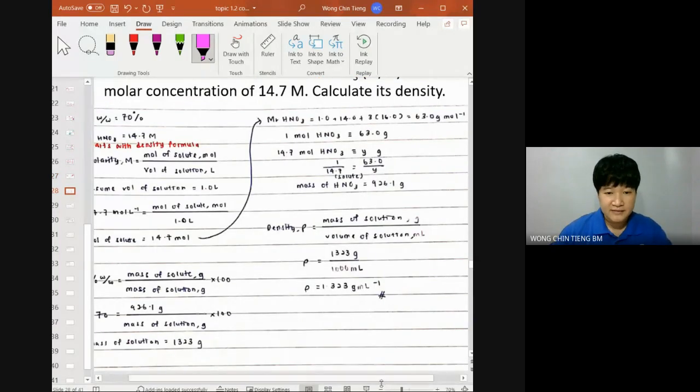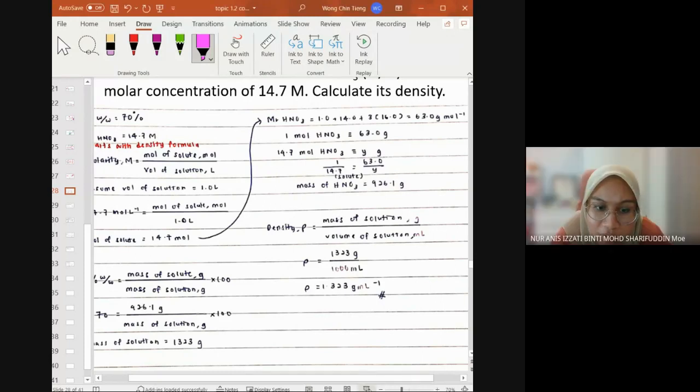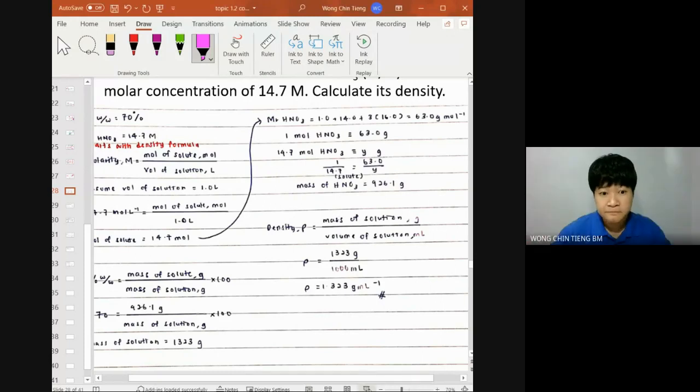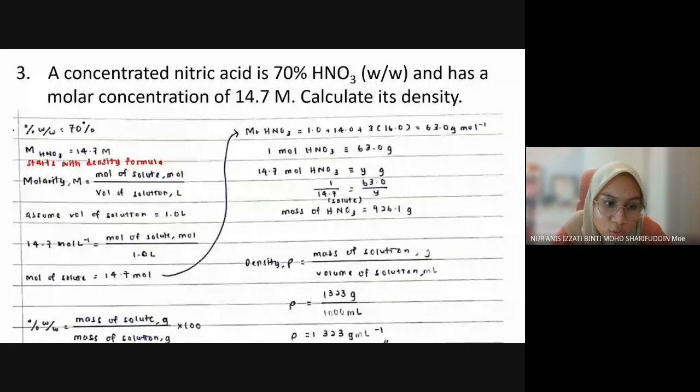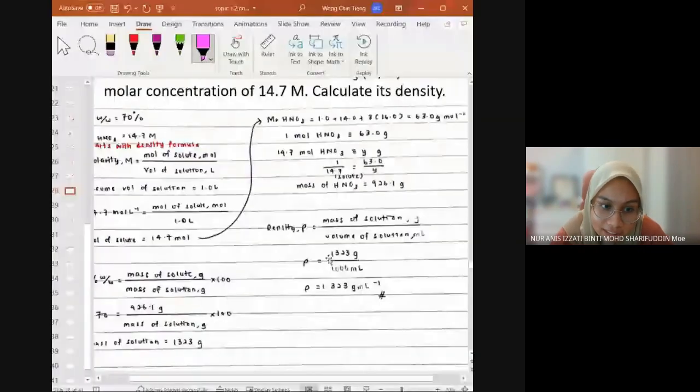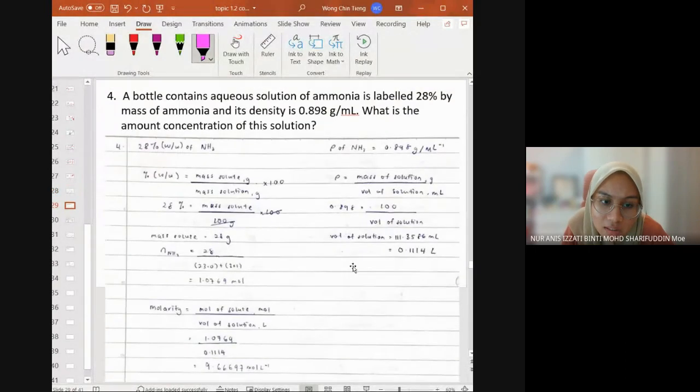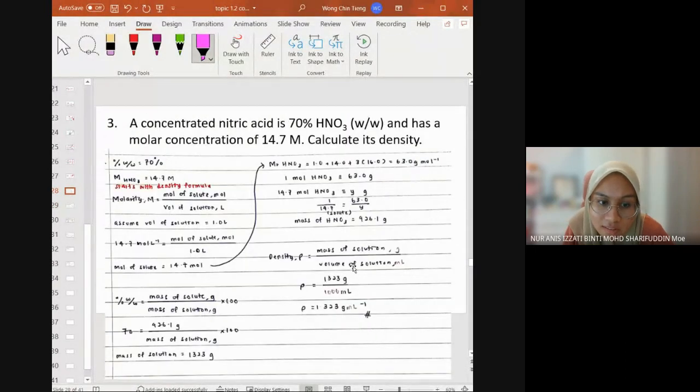Alright. Next question. Alright. Next. Miss Wong nak tanya, kalau soalan nombor 3 tadi tu, kan kita tulis formula density, kita pakai mililiter, tapi jawapan akhir kita pakai liter.